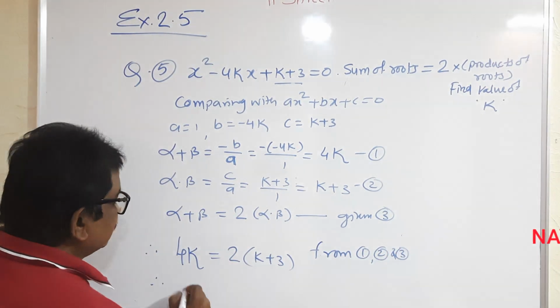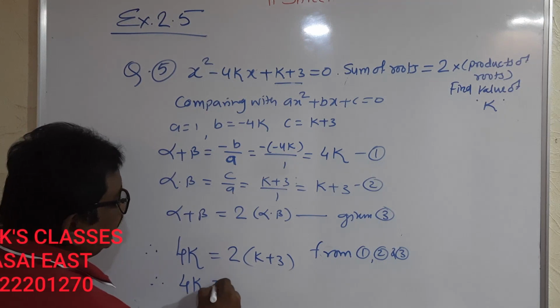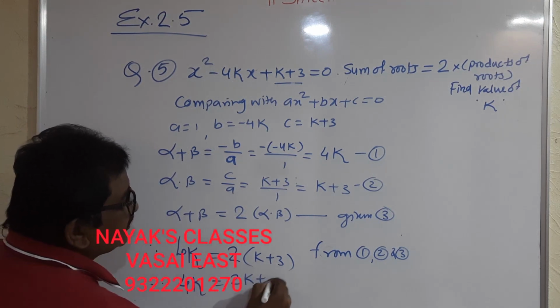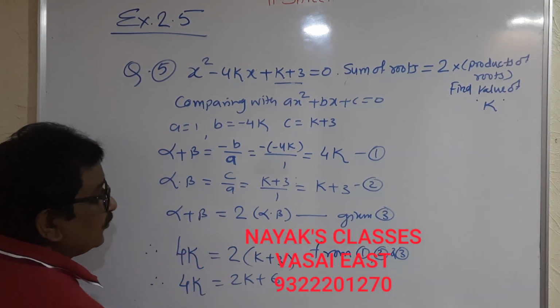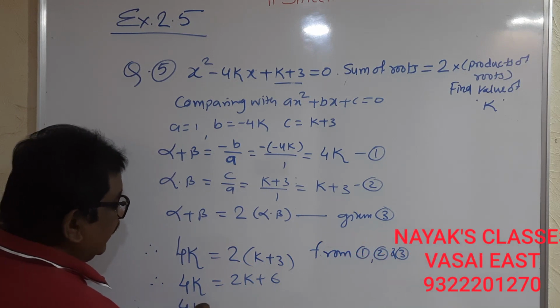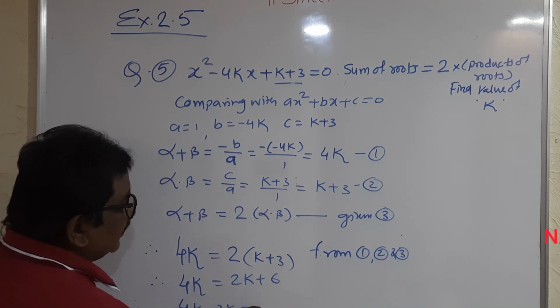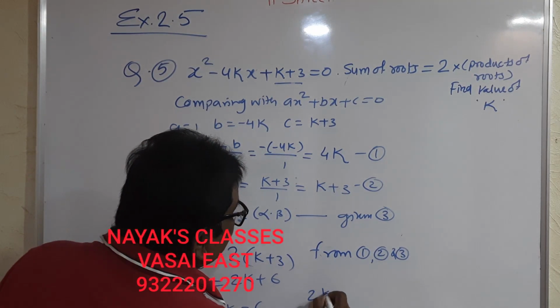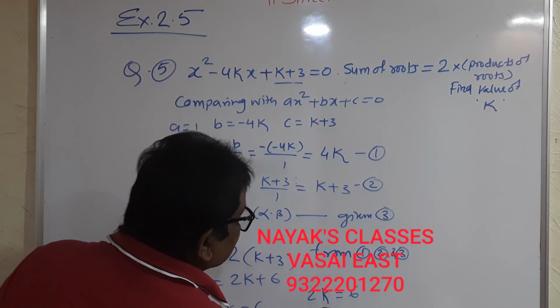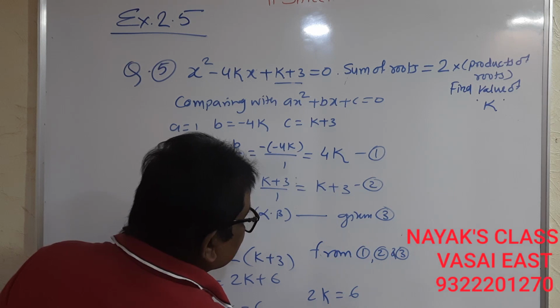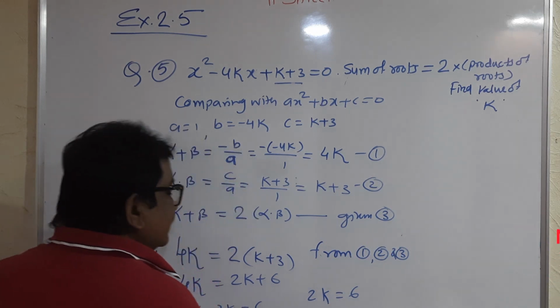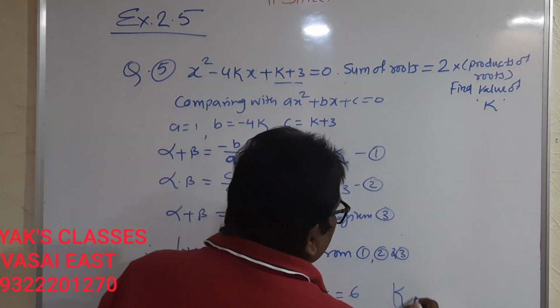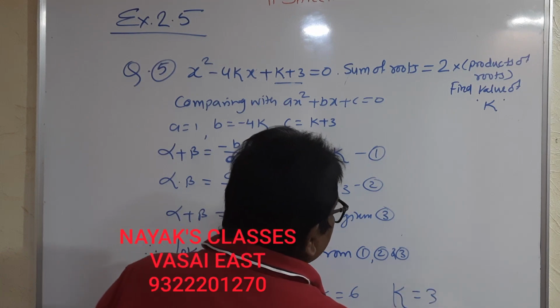So 4k is equal to 2k plus 6. Therefore 4k minus 2k is equal to 6, so 2k is equal to 6 and k is equal to 6 upon 2, which is 3. The final answer is k is equal to 3.